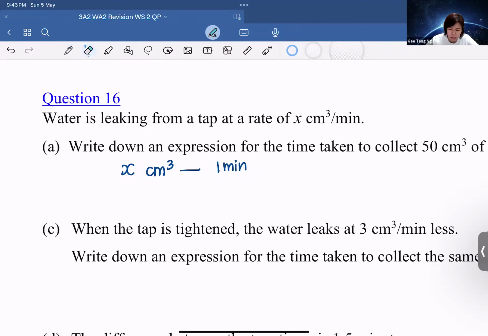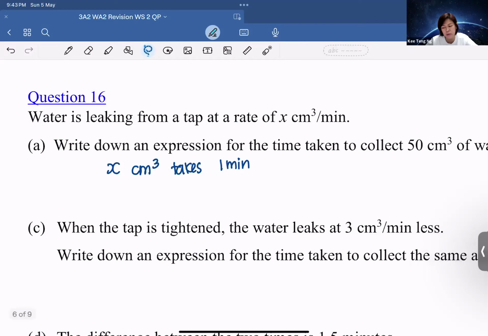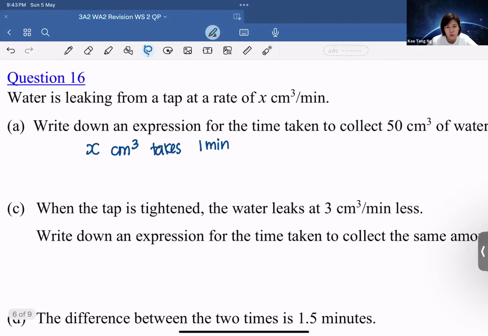Now, find an expression for the time taken to collect 50 cm cube of water. In this case, first I'll find 1 cm cube. I'll need to divide by x. It will take 1 over x. For algebra, when you do division, you write a fraction. So it's 1 over x of a minute.